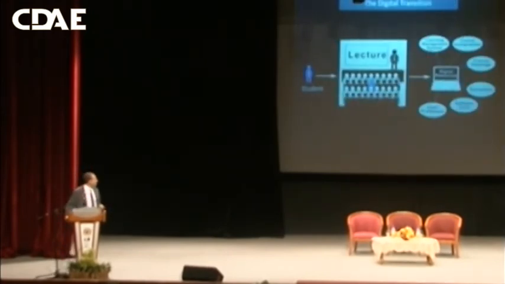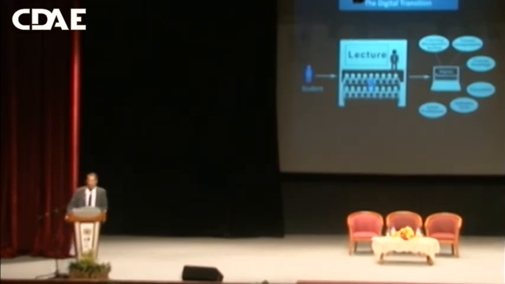And in this digital transition, we're going from the format where there's lectures, but if you look at what happens outside the lecture hall, we're already in a digital environment. We have a learning management system. We have a place where we go for our course assignments. We have the readings posted as PDFs.